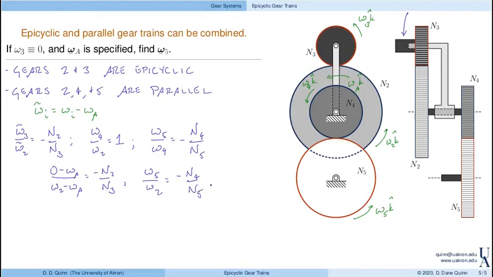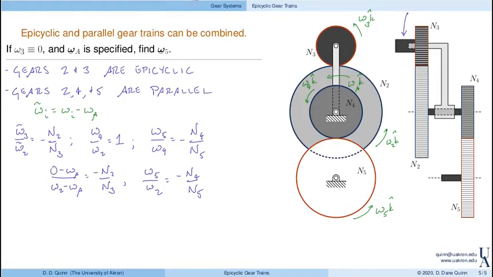One thing to keep in mind is that the numbering here is just arbitrary, right? What's really important is what gears are in mesh. So for example, gear 3 and gear 4, they are not conjugate to one another, right? So there's no relationship between 3 and 4. Instead, there's a relationship between 3 and 2 relative to the arm, and there's a relationship between 2 and 4, namely they're rigidly connected. So let's work through the algebra.